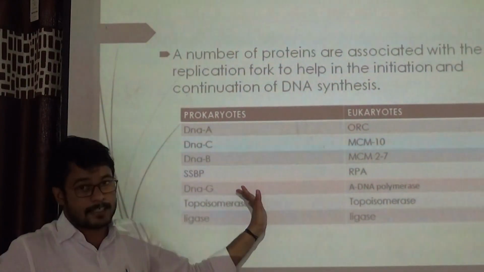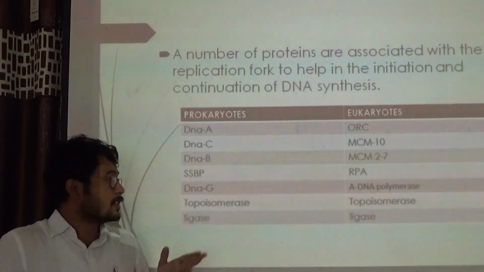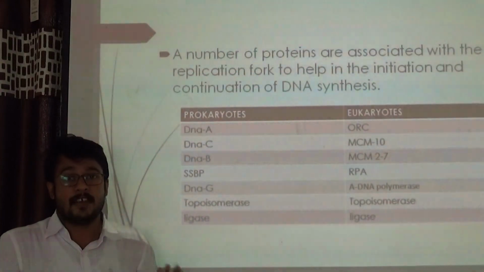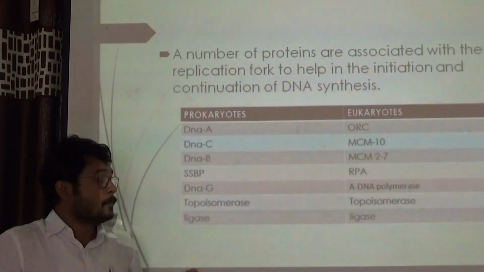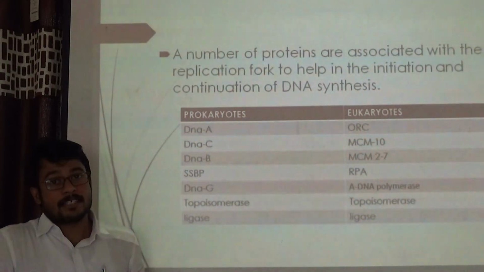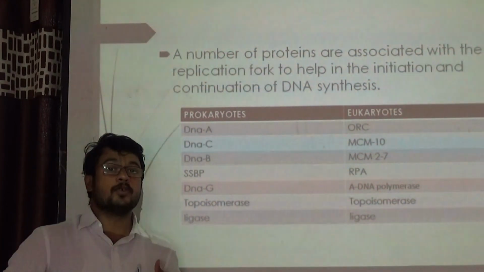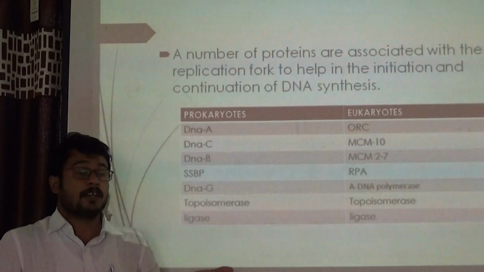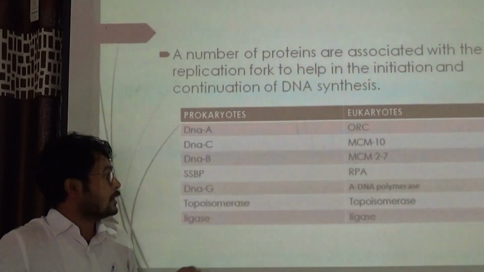Topoisomerase: in eukaryotes, there are two types of topoisomerase, topoisomerase I and topoisomerase II. Topoisomerase I works on a single strand of DNA, and topoisomerase II works on a double strand of DNA. It helps replication by relieving the negatively supercoiled form.